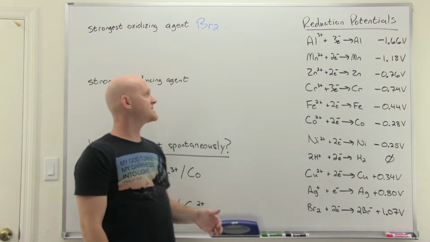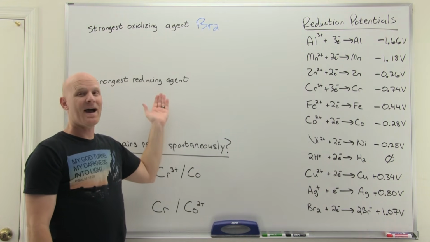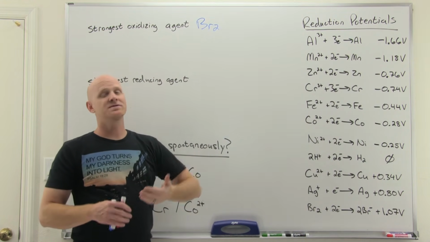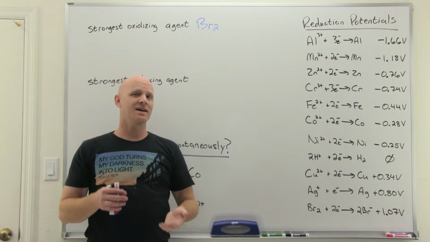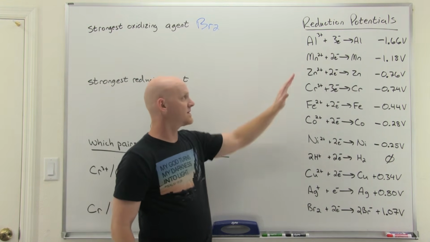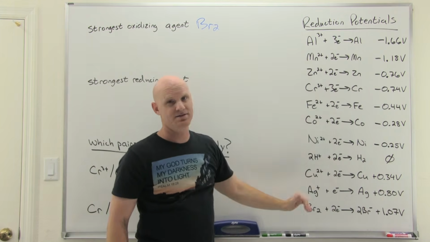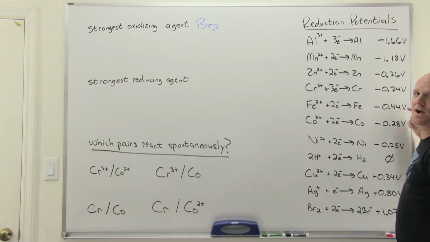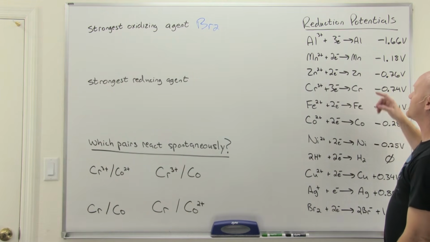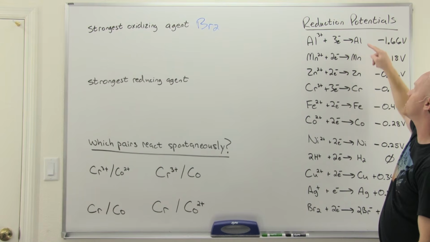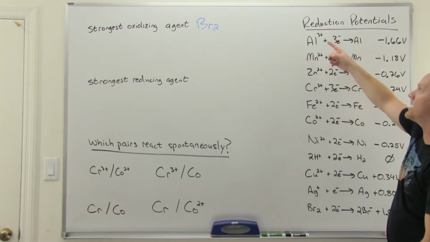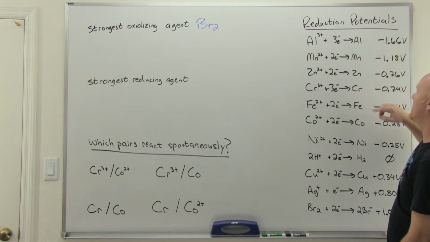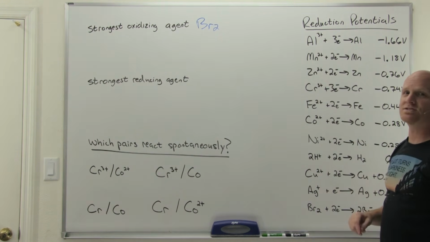Now, the trickier question is if I ask you for the strongest reducing agent. This is tricky because reducing agents don't get reduced. Reducing agents get oxidized. If we look there, these are all written as reductions. I don't need those. I need to look at all the reactions exactly backwards as oxidations. So in this case, the reactants in all the reverse reactions are aluminum, manganese, zinc, not Al3+, Mn2+, Zn2+. And so for the reducing agents, I now need to pick one of these. These are the reactants in the oxidations going the other way.